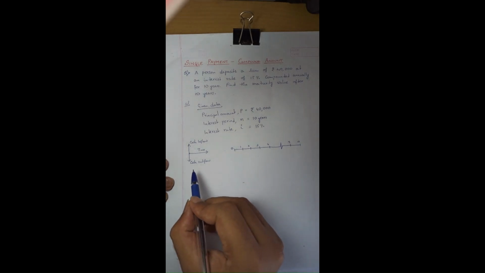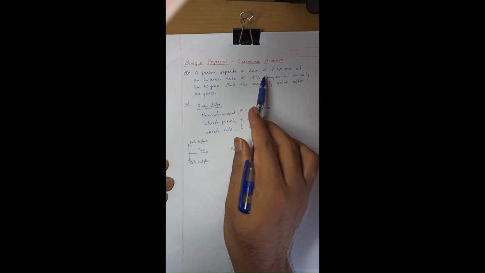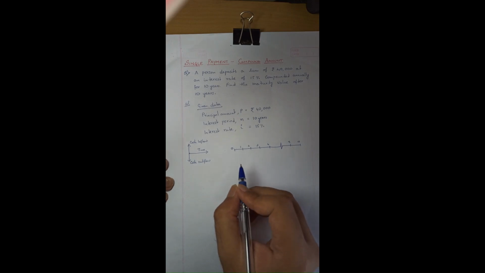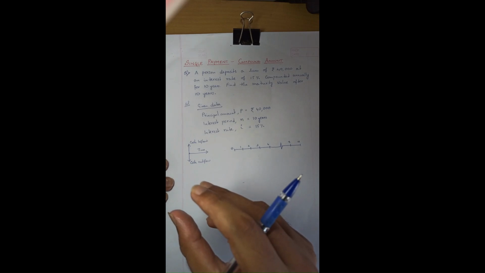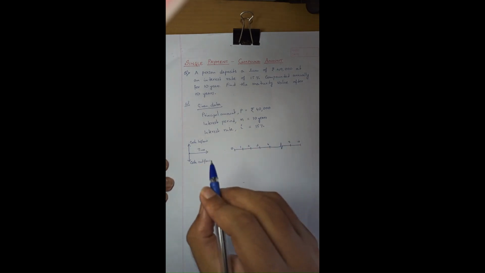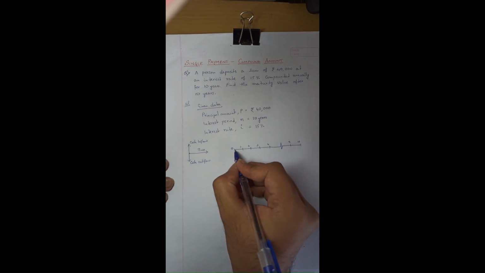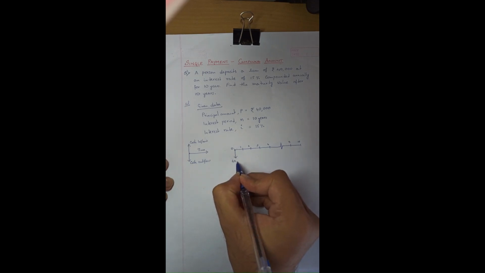Now we need to draw the cash flows. Since the person is depositing a sum of 40,000 into a bank, the person from his account is going to put 40,000 rupees into the bank's account. So from the person's account it is going towards the bank account, therefore it is a cash outflow of 40,000.